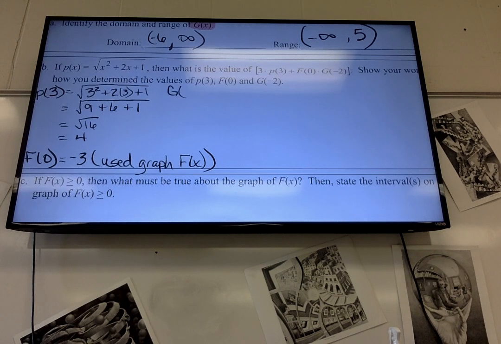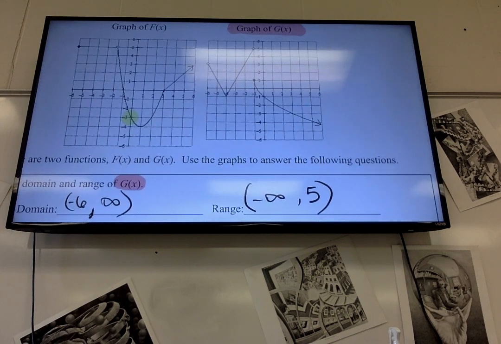g of negative 2. What would that be? Okay, so it's positive 3, right?